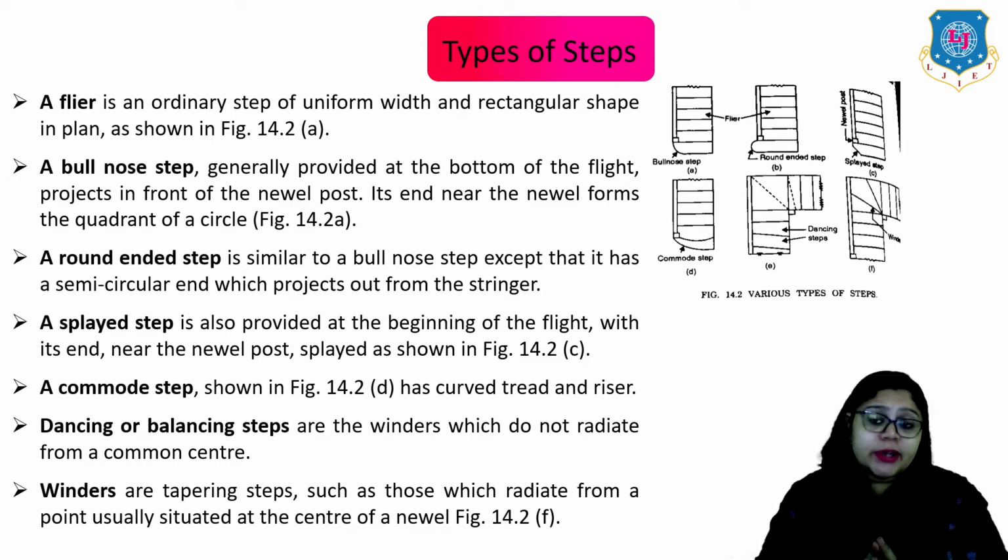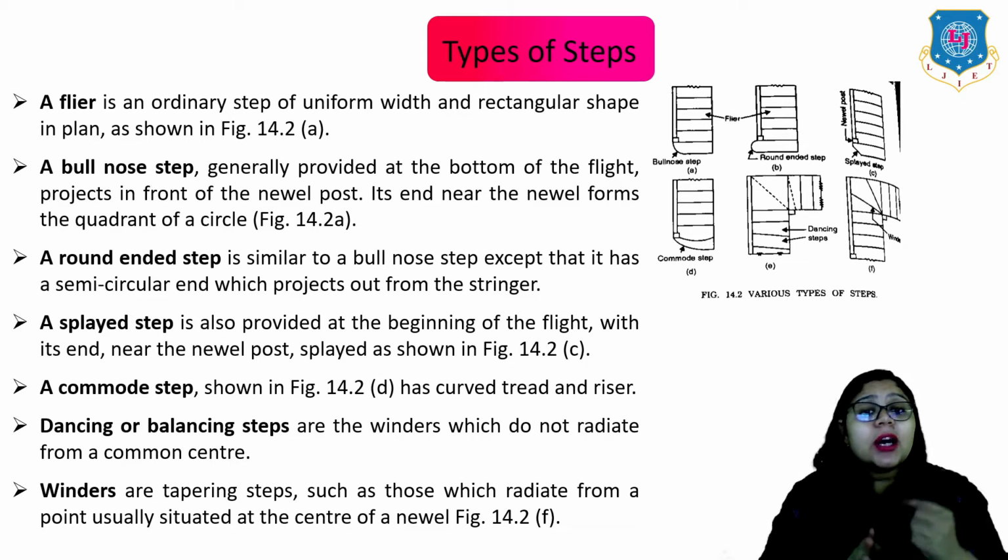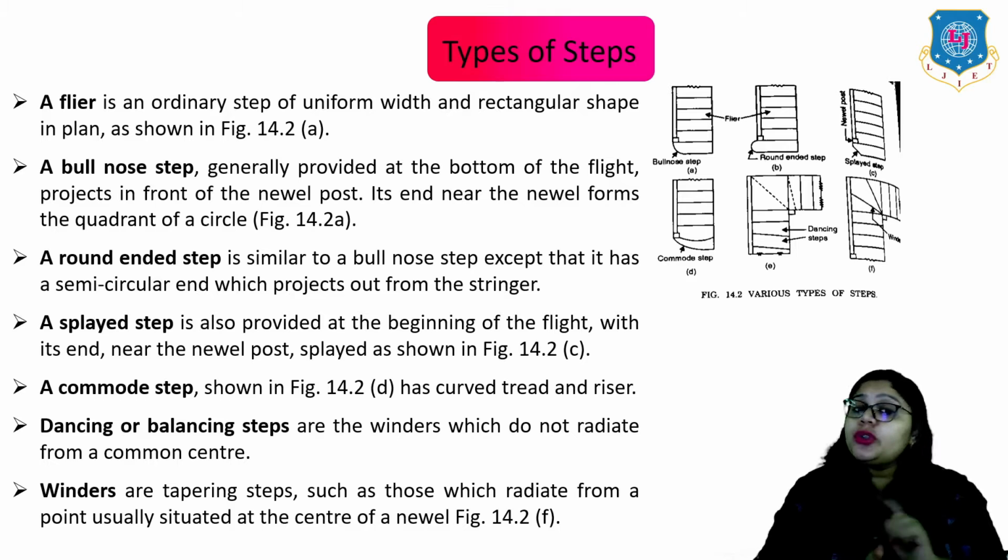Next is a commode step, which is shown in figure 14.2d, has curved tread and risers. So that is the difference from the others. Now let us move to the dancing or balancing step. So these are the winders which do not radiate from a common center, right? So that is the main point about these dancing steps.